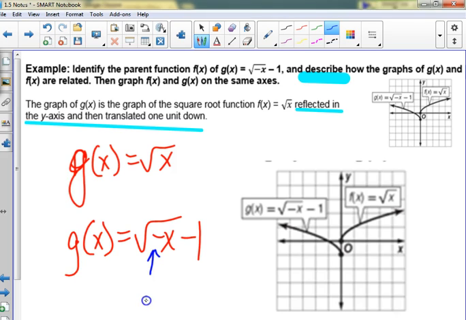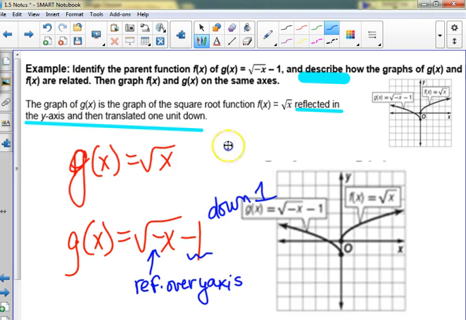Yes, reflects across the y. And then the minus 1 back here did what? Down 1. That's what it says here: reflected across the y and then translated down 1, and then they graphed it. You could type it in your calculator if you wanted to.